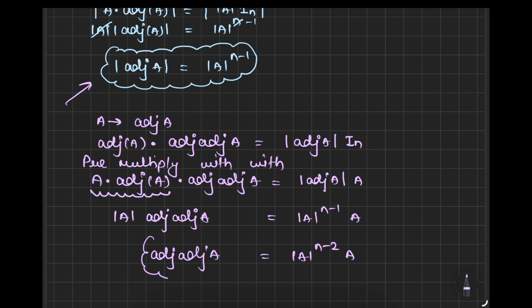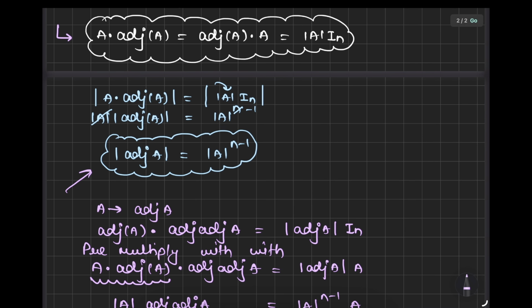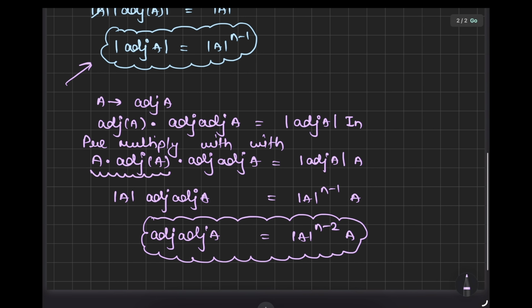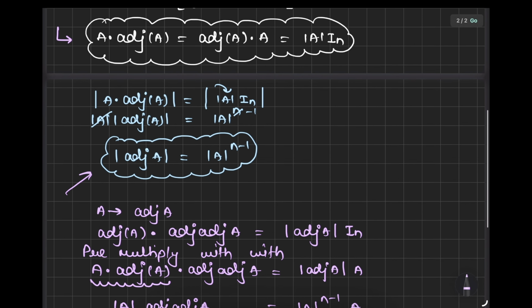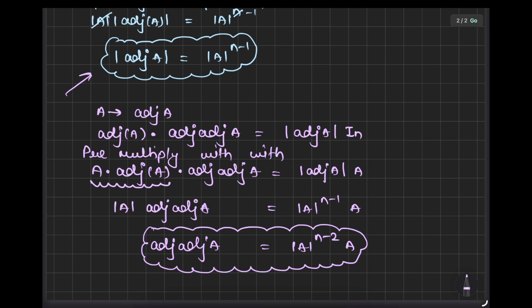So this is the second result that we have to digest. Okay, and also try to carry the pattern. So if it is adjoint of adjoint of A, yes. Now here also we will try to take determinant.